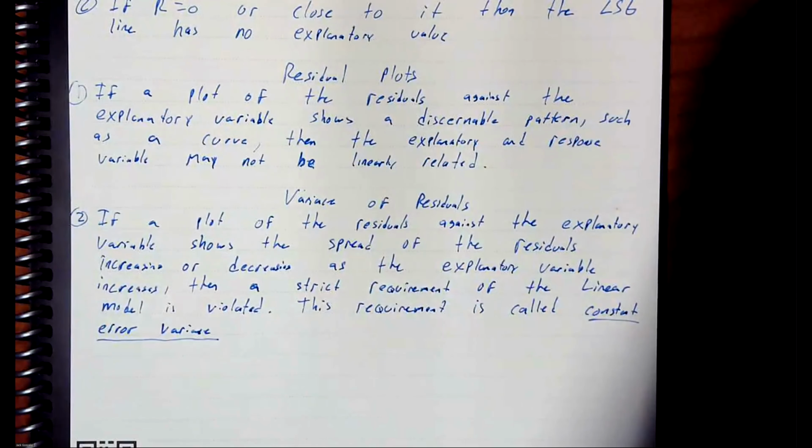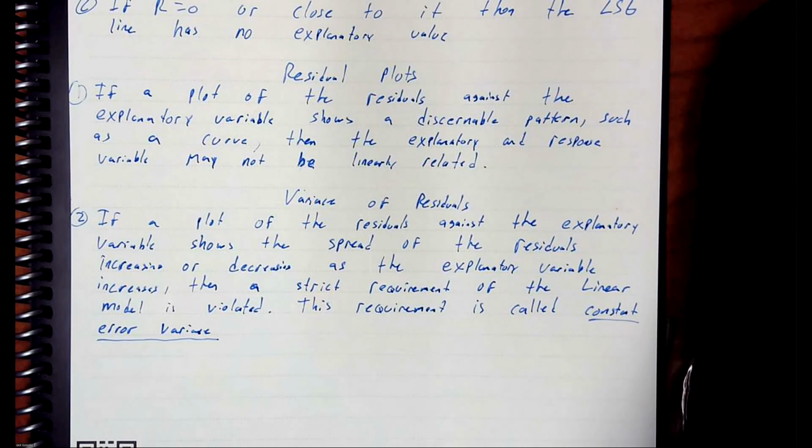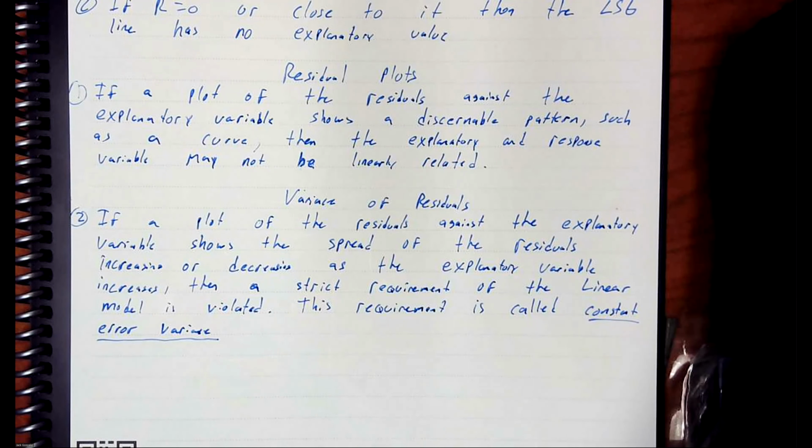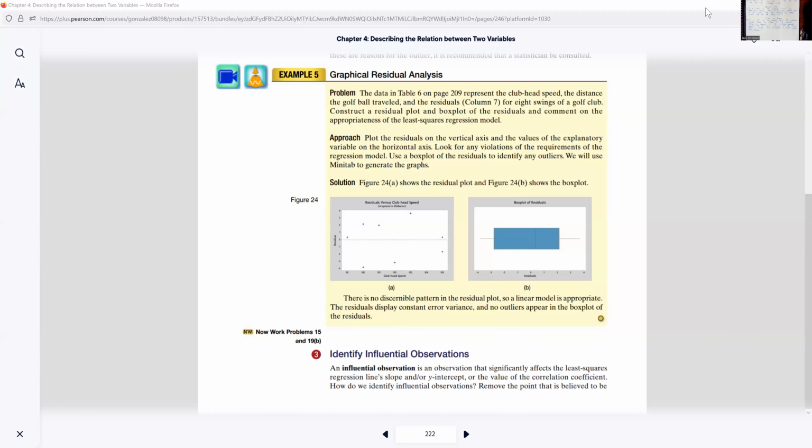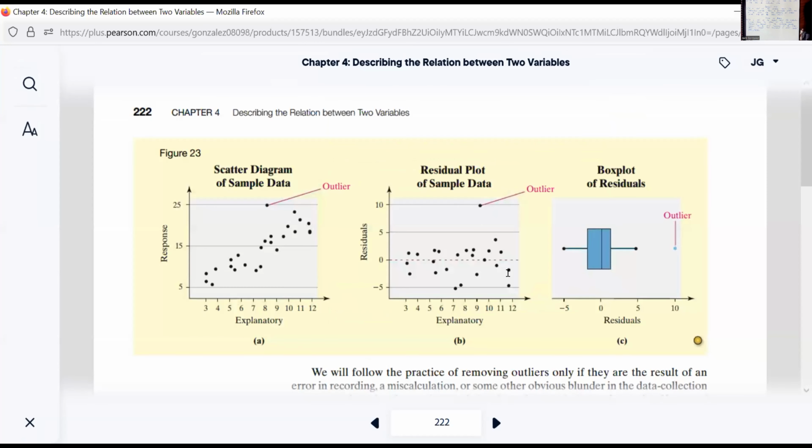Okay, so let's look at the homework. I'm trying to find a picture though. The last thing we'll talk about, let's do some homework. Here, in the book, is some random data. Here is a residual plot of that data. Notice how the outlier has a weird point for the residual. Removing this point will improve the model.